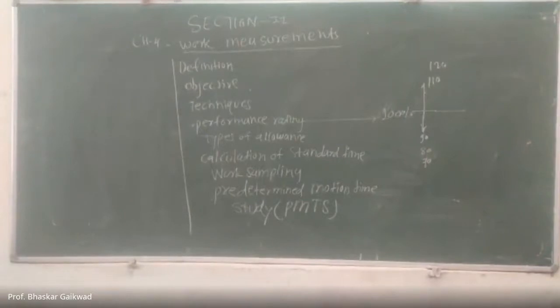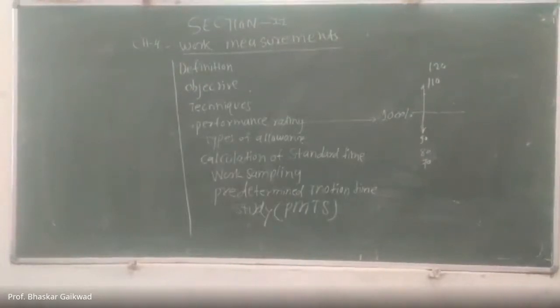Once again, what is the need of work measurement? The need is to decide the standard time required to manufacture the product. And whatever cost is related to this time, that cost is actually the optimum cost of production. This you will get through work measurement.